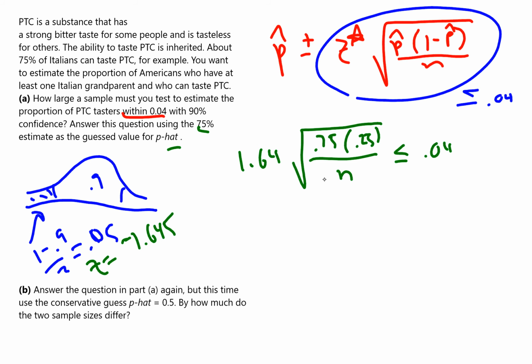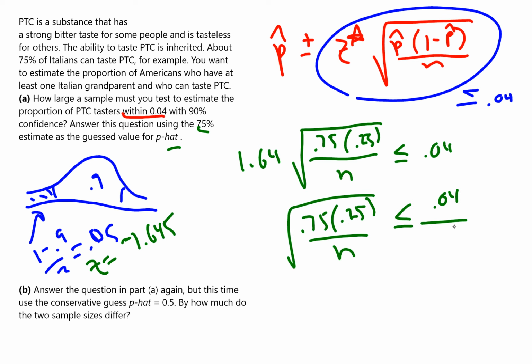So first thing I do is divide by 1.645. So we'd have the square root of 0.75 times 0.25 over n less than or equal to 0.04 over 1.645. Looks like we want to square both sides now.